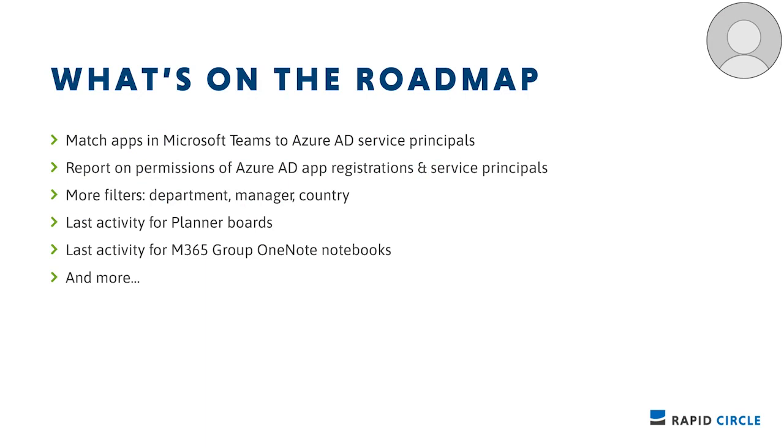In terms of what's on the roadmap, I mentioned earlier that from a Teams app perspective, we'll be matching that up to the Azure AD service principal. So when you delete the Teams app, you can also delete the service principal, or if you're looking at deleting a service principal, you can see which Teams app it's going to impact. Also covering off the permissions of those service principals and app registrations, as they may see more than you are happy with.